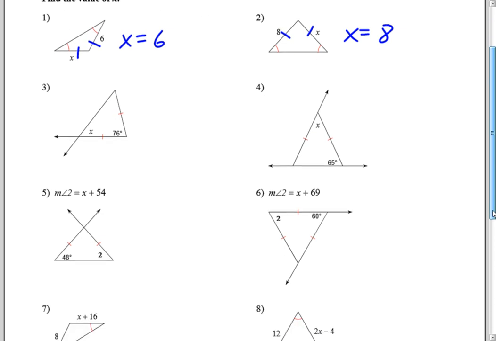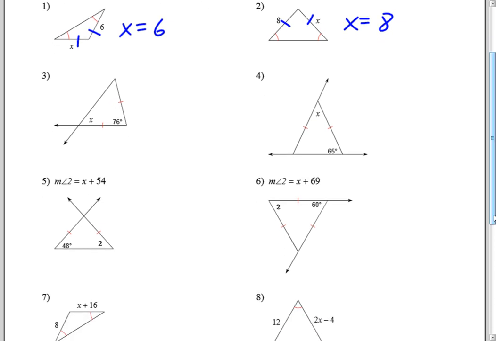When we get to number 3, be careful of where your congruent sides are. The base is not always on the bottom. So when I see this and this, I know that this angle and this angle are the same. So let's put an X there.